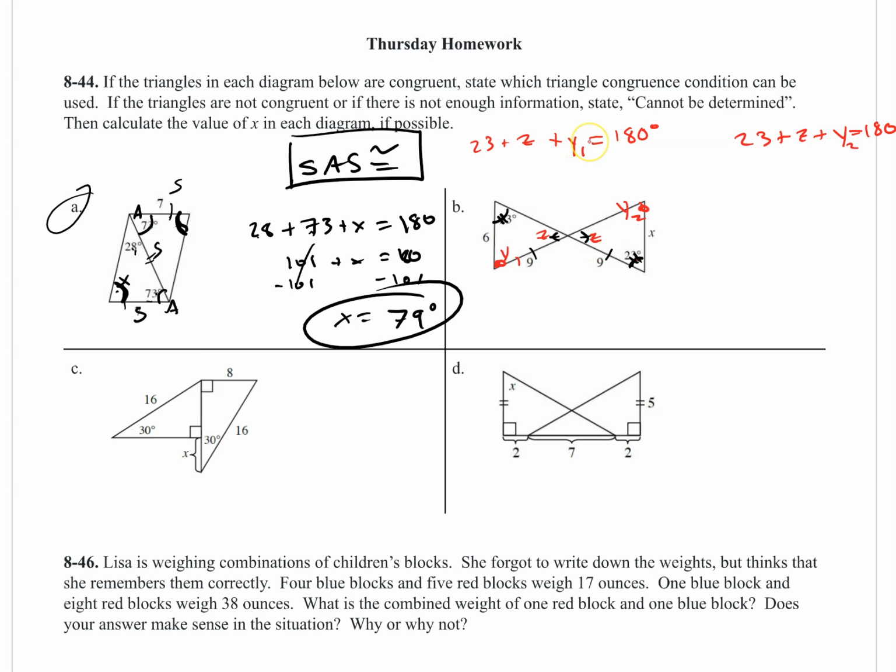However, if you isolate Y, so take away 23 from both sides, so that's going to be 157. And then if you isolate Y1, Y1 is 157 minus Z, subtracting Z from both sides. Then, looking at Y2, same thing.